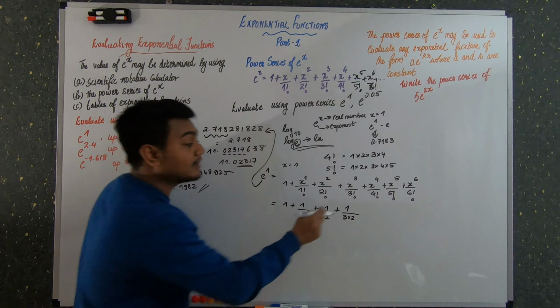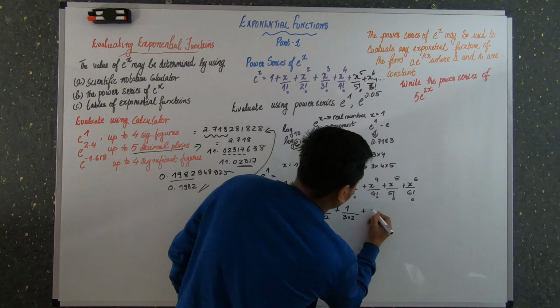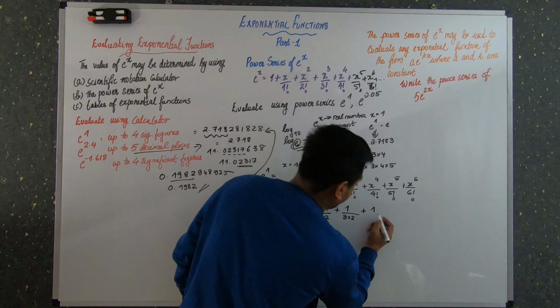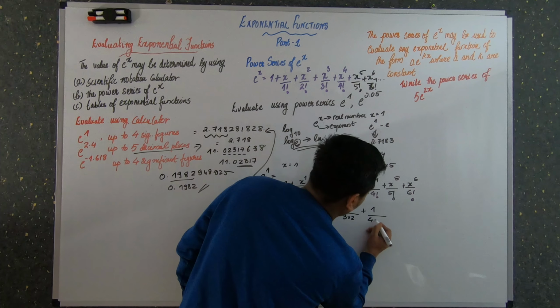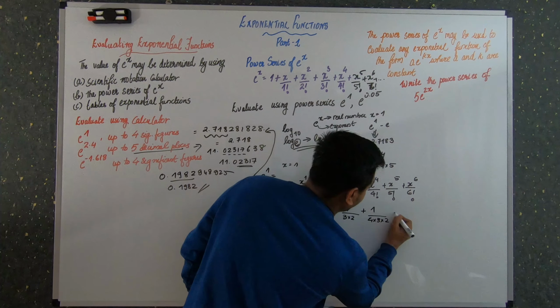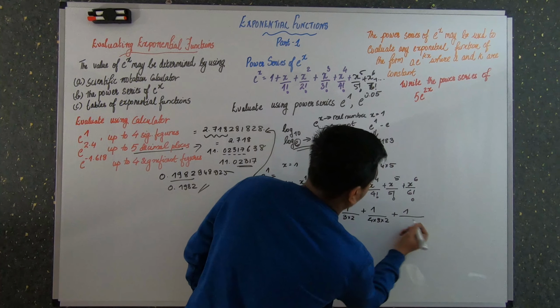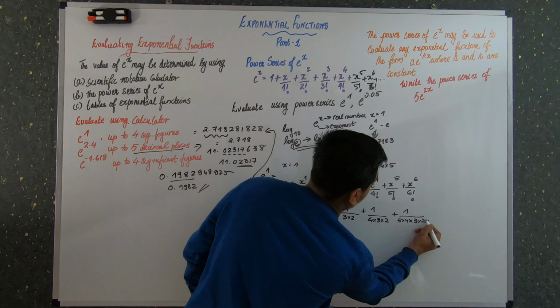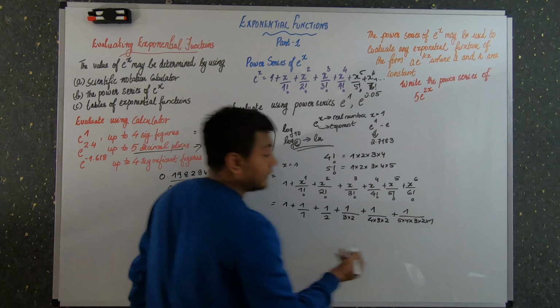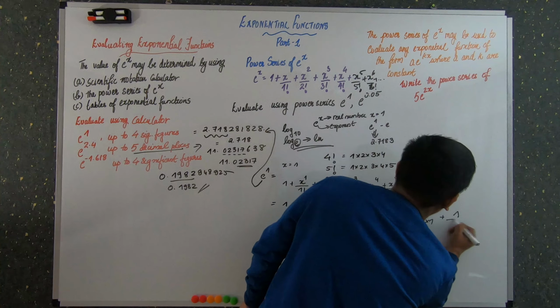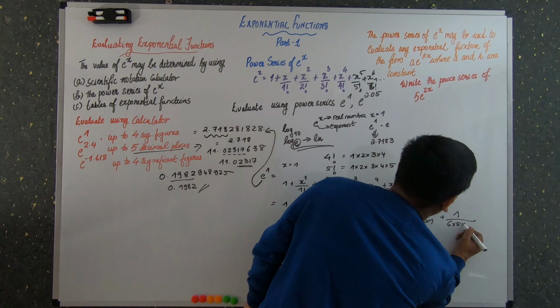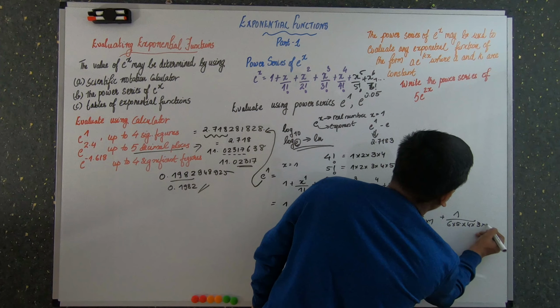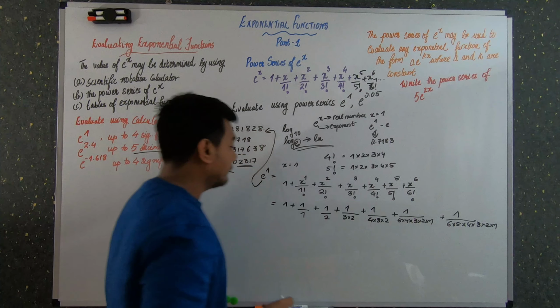Into 1 I am not writing, it's just 3 into 2. The next term would be 1 raised to 4, that is 1 itself, over 4 into 3 into 2. Next term would be 1 over 5 into 4 into 3 into 2 into 1. For the next term, 1 by 6 into 5 into 4 into 3 into 2 into 1. Okay, so we got the series.